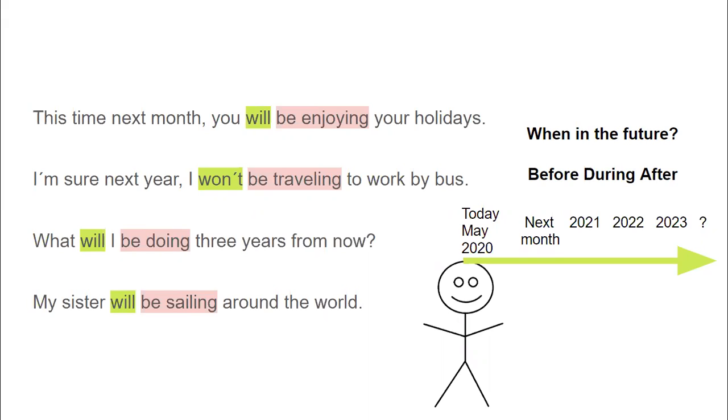So in phrase number 1, this time next month you will be enjoying your holidays. Here the action is be enjoying your holidays. But when? This time next month.